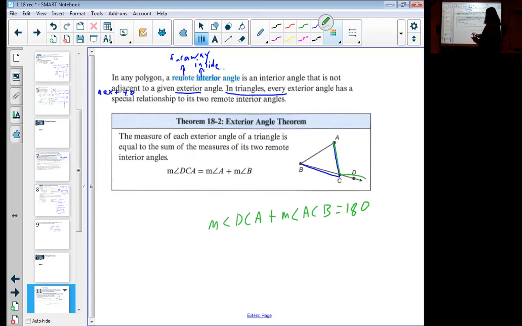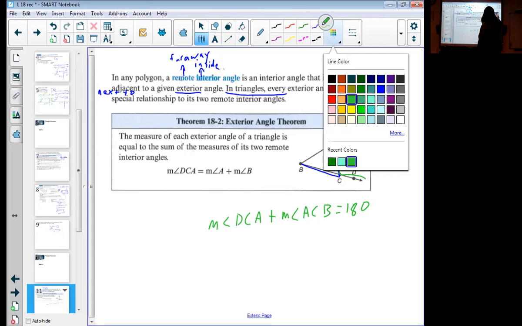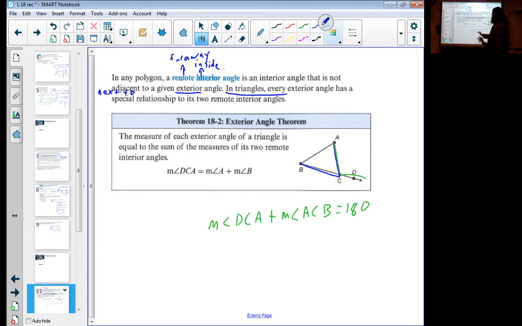We also know that the measure of angle B plus the measure of angle A plus the measure of angle ACB is equal to 180.